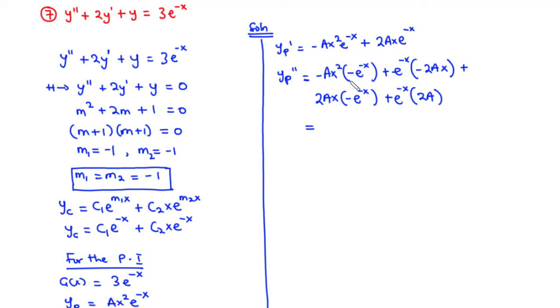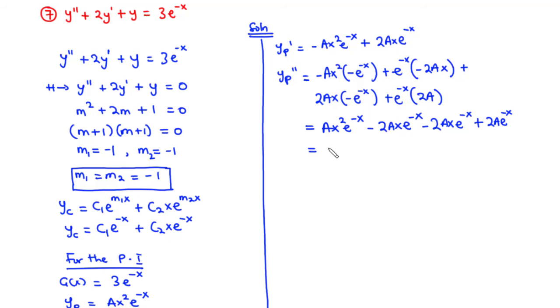So let's try to expand and simplify. So we have this to be ax squared e to the power negative x minus 2ax e to the power negative x minus 2ax e to the power negative x plus 2a e to the power negative x.